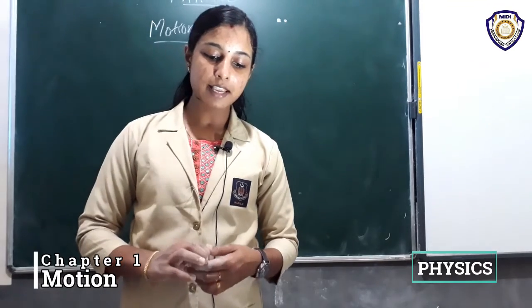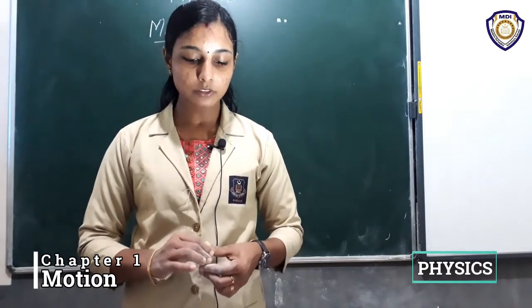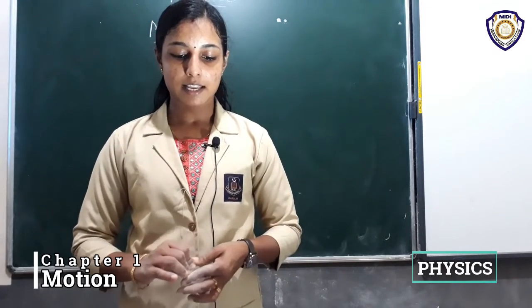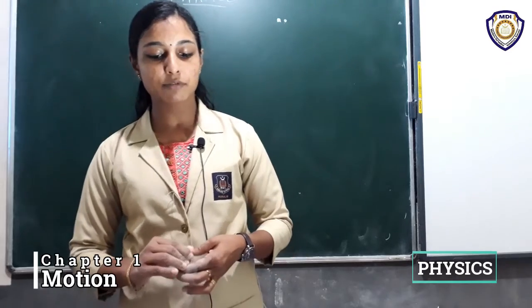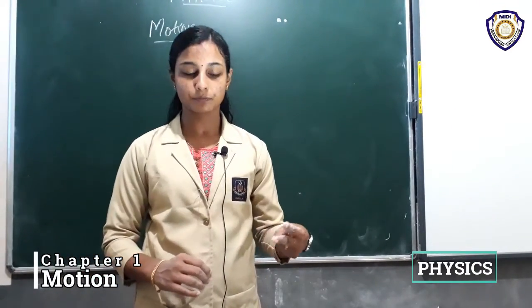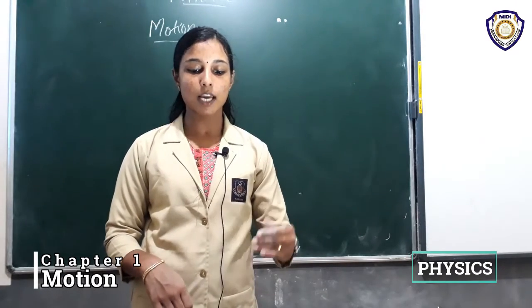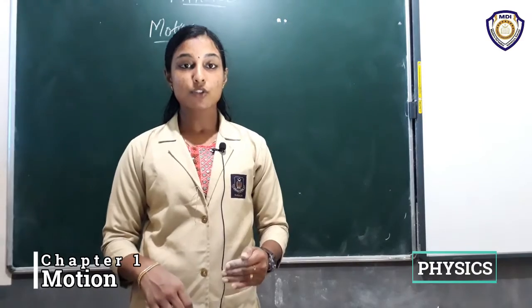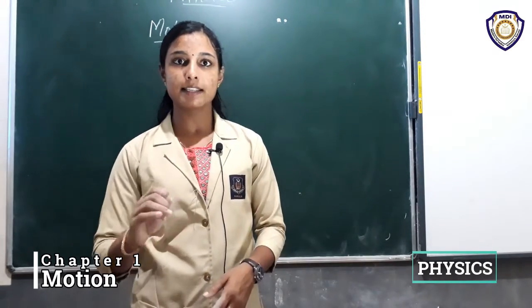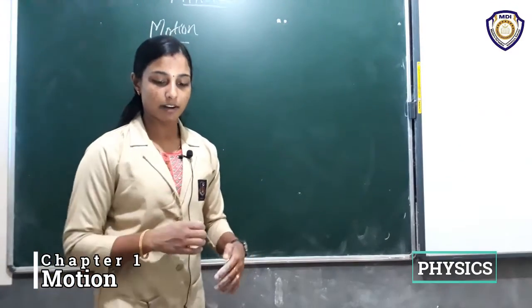Then he applies brakes such that the velocity of the bicycle comes down to 4 meters per second in the next 5 seconds. Calculate the acceleration of the bicycle in both cases. So there are two cases, right? The first case is that he pedals the cycle to attain a velocity of 6 meters per second in 30 seconds. So we can discuss one by one, right?